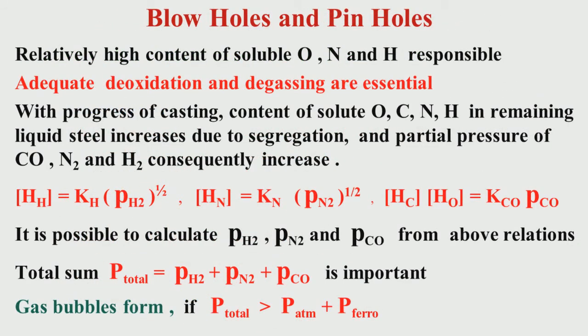I had mentioned how these blowholes and pinholes are generated. The whole idea is to control the content of soluble oxygen, nitrogen and hydrogen. If we can control this, then the partial pressures of hydrogen, nitrogen and CO will be less during solidification, and there will be less gas bubble formation, because the total pressure, which is a summation of the partial pressures of hydrogen, nitrogen and carbon monoxide, will be less than the atmospheric pressure or the ferrostatic pressure.